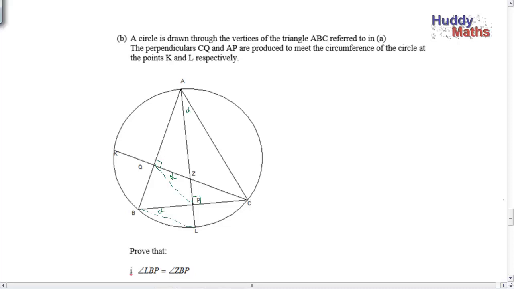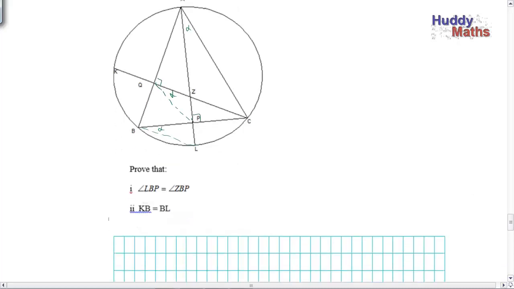What we've got to do is prove that LBP equals ZBP. Okay, well, let's have a look at ZBP. ZBP is that one there, and LBP was alpha. Well, we called LBP alpha from before. So let's see if we can match them up.